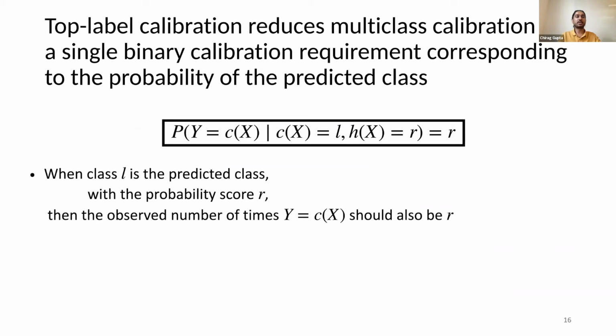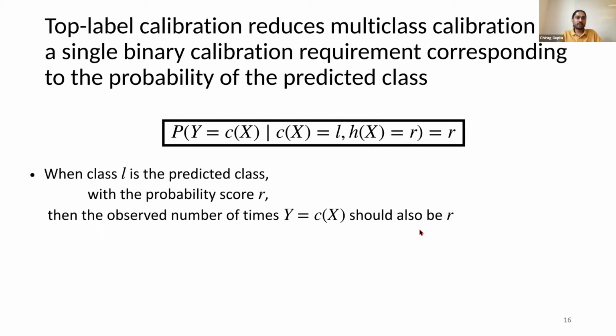You're conditioning on scalars and you're asking if a single binary calibration claim is true. You no longer care if everything else is also calibrated. So what top label calibration is saying is that when class l was predicted with probability score r, the observed frequency of Y equals C(x) is also r. And if that is true, then you would be top label calibrated.